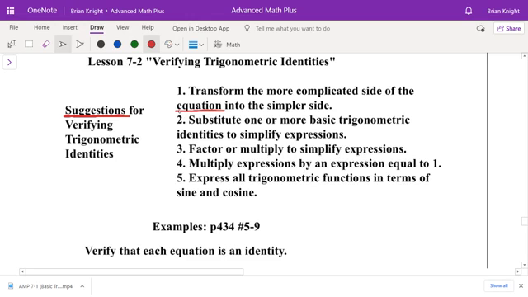That's like multiplying something by x over x. X over x equals 1, right? And number five, express all trigonometric functions in terms of sine and cosine, which we have already been doing. Items 2, 3, 4, and 5 we've done. The only difference now is, number one, they are equations.